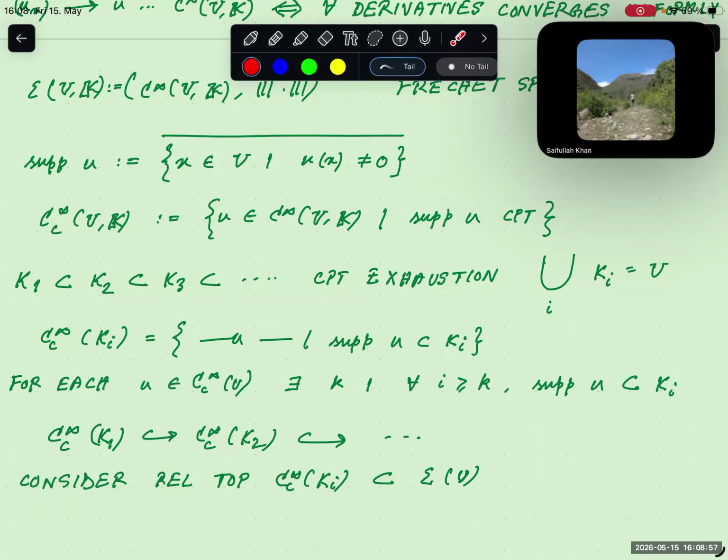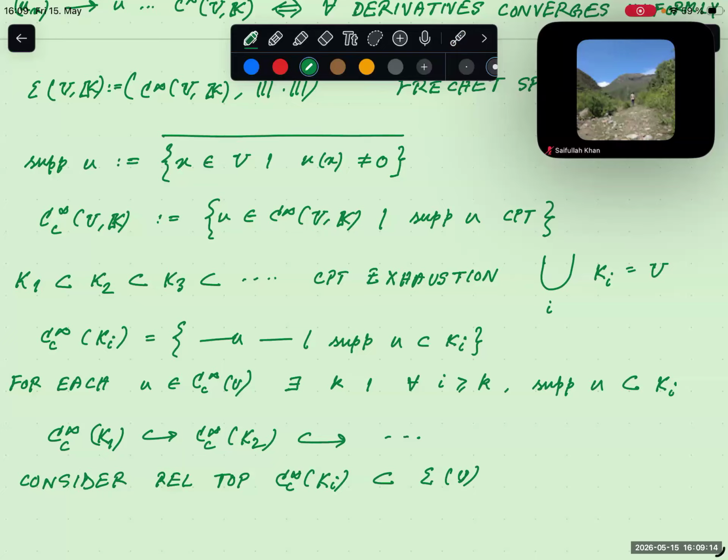That is called exhaustion. When we say something is compact, how can we extend it? Oh no, we are not extending anything here.